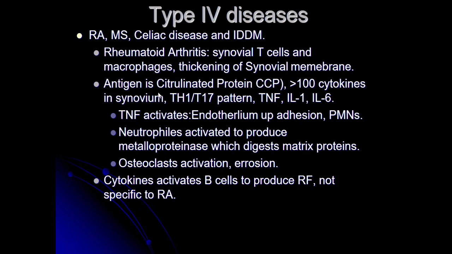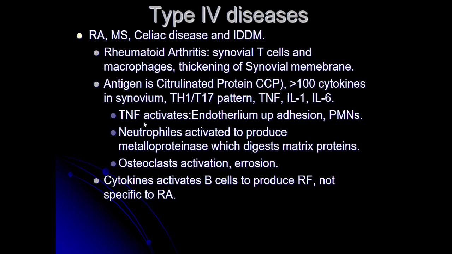The antigen is the citrullinated protein, the CCP. More than 100 cytokines are involved in the synovium. But remember that T helper 1 and T helper 17 are the ones that play a role in this regard. Tumor necrosis factor, interleukin 1, interleukin 6, we talked about those before.